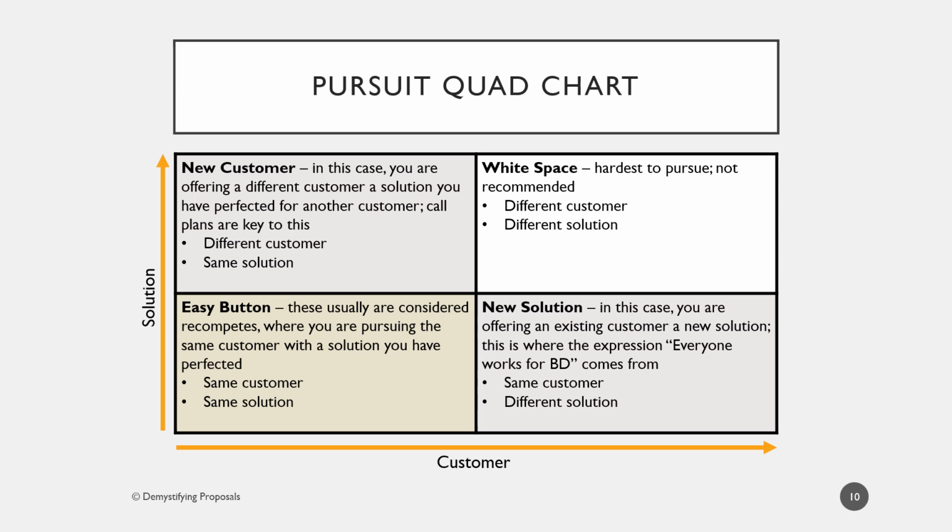So, the easy button is often what we would call a recompete, where you already have that work and you're just going to try and win it again. So it's the same customer, a solution you've perfected, same customer, same solution, easy decision. Those you almost always are going to continue to pursue.